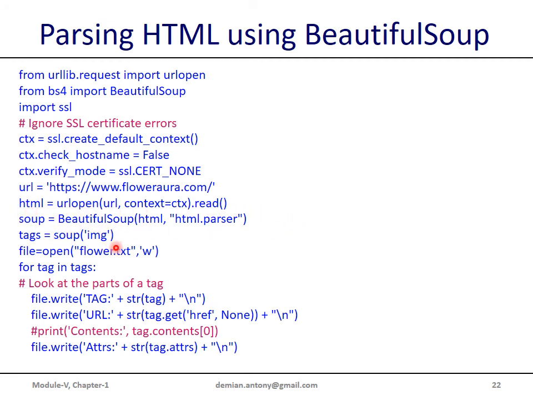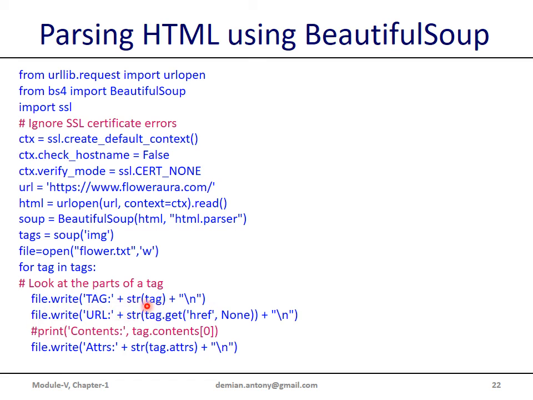Then now we are interested in only the image tag. Okay, we are interested in the image tag, and open one text file in write mode so that you can display all the links, image links, and for each of these image tags in the tags list, try to write that tag value onto the file.